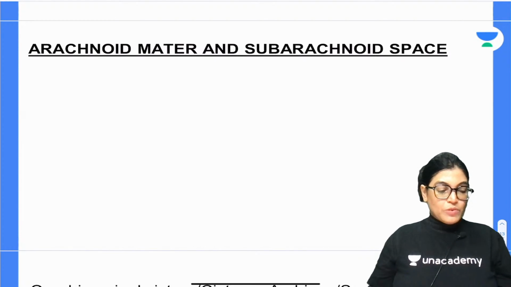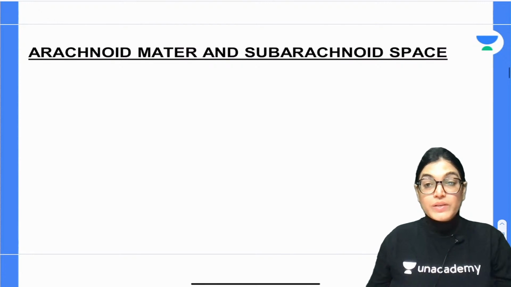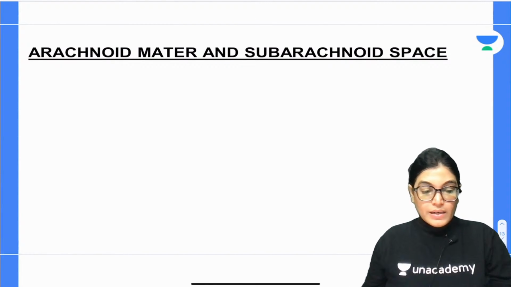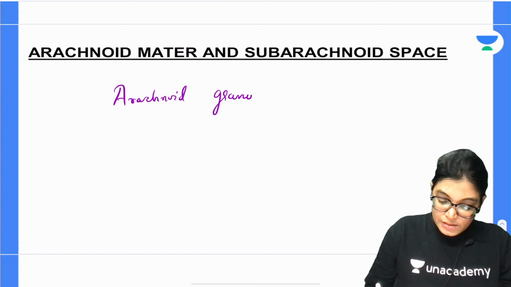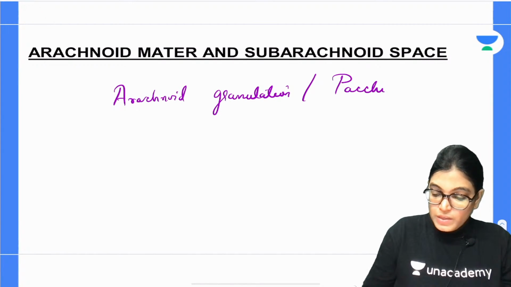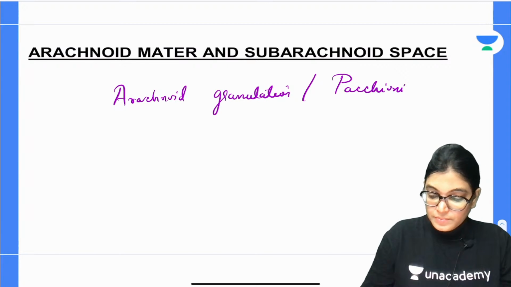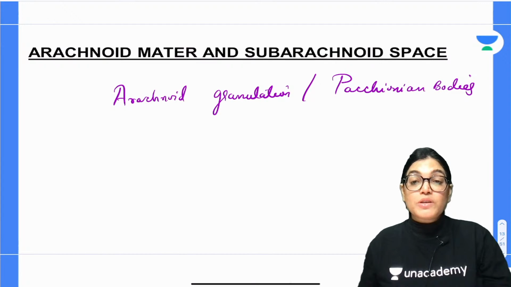Can anybody tell me the other name of arachnoid granulations? They are also called Pacchionian bodies. The function is absorption of CSF.